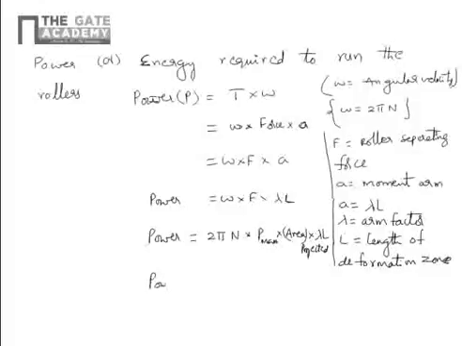So power equals 2 pi n into P max into the projected area, which is nothing but B into L, into lambda L. Where B is the width of the strip.